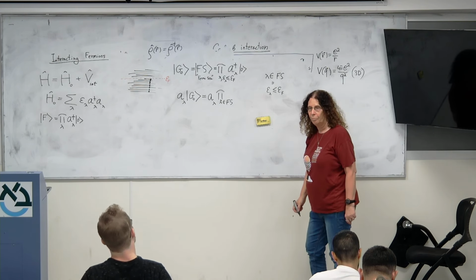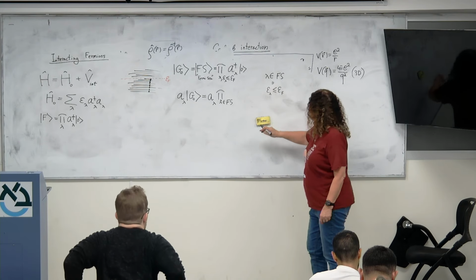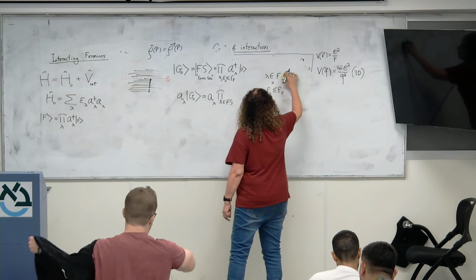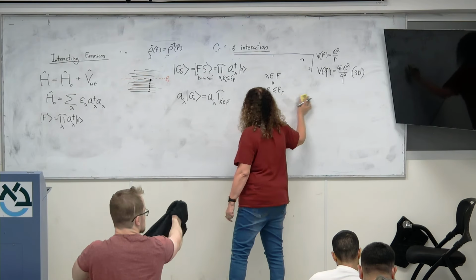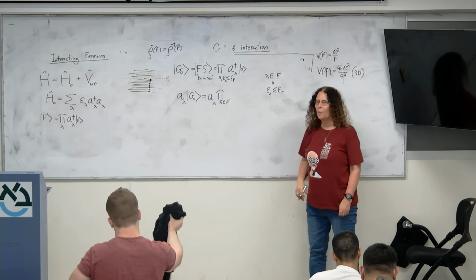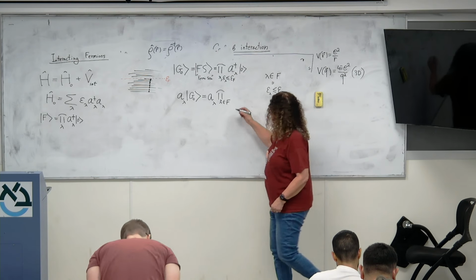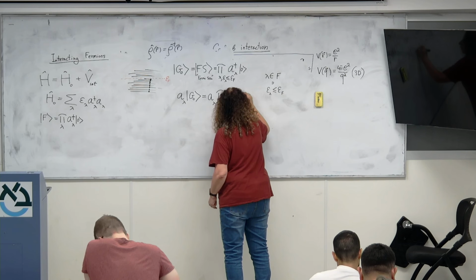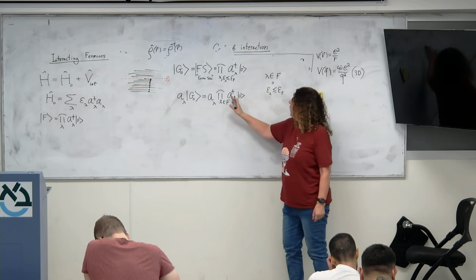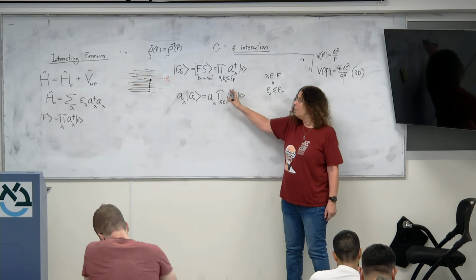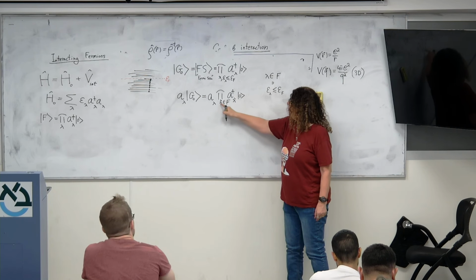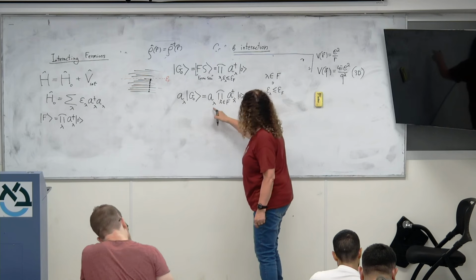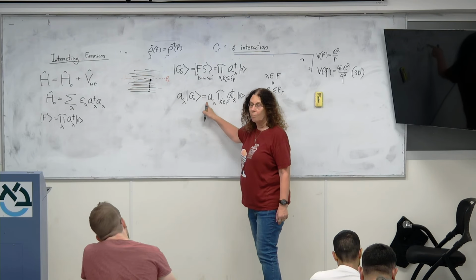Okay, that's just the definition. Actually, let me just write it without this, just to simplify the notation. Okay, so this is what we have to calculate. We have a product of all the A lambda prime dagger where lambda prime belongs to F, and now I apply an annihilation operator.